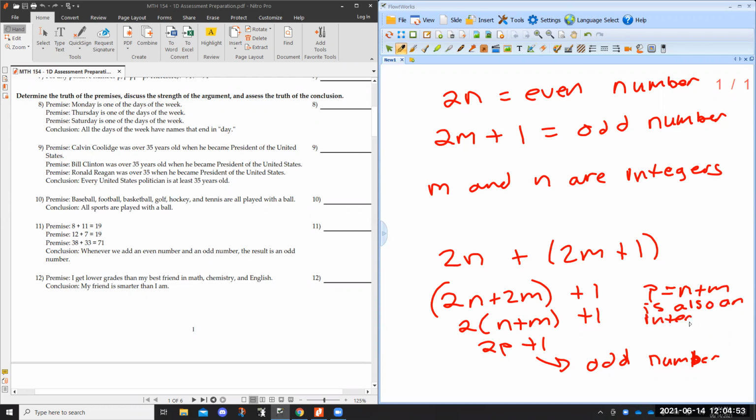And I know it's an integer because an integer plus an integer is always an integer. That's called closure. Again, that's way above this class to think about closure and things like that. But I know that you intuitively know that when I add an integer to an integer, I always get an integer. I'm not going to get a fraction.